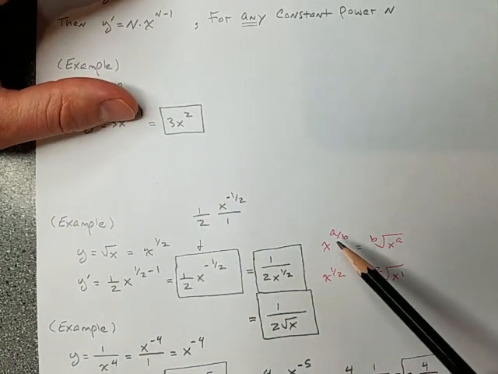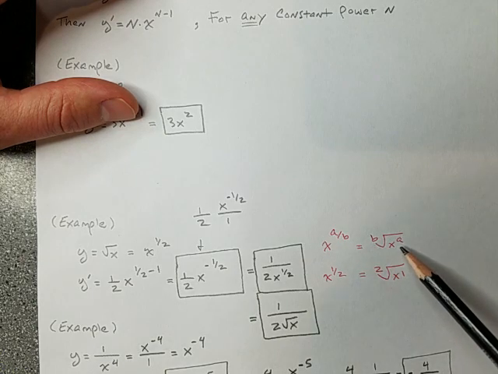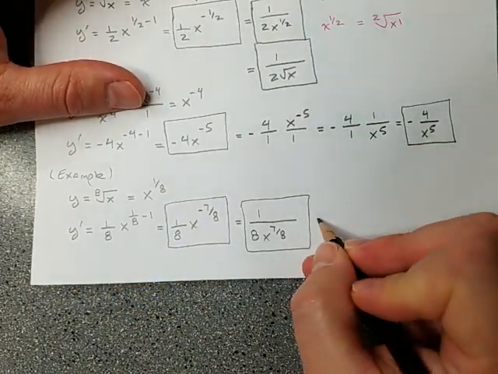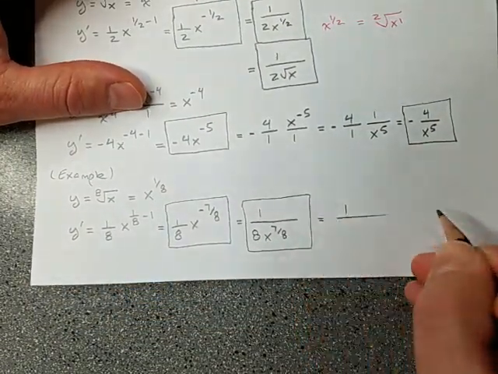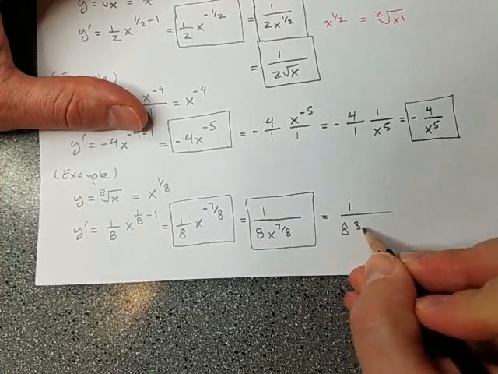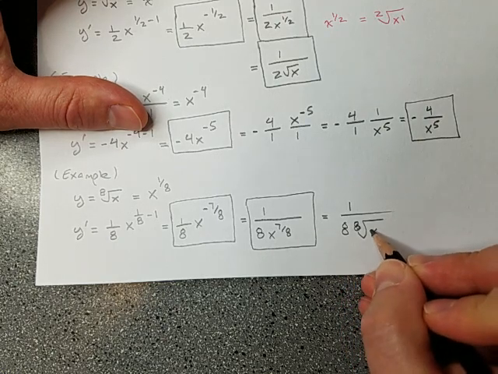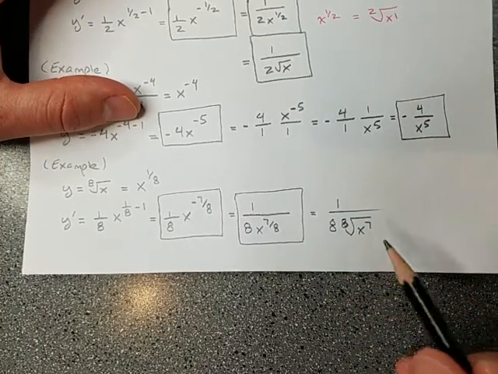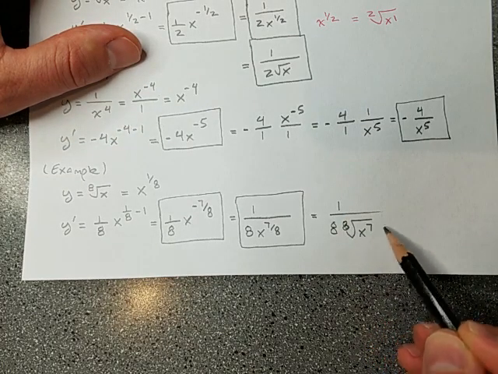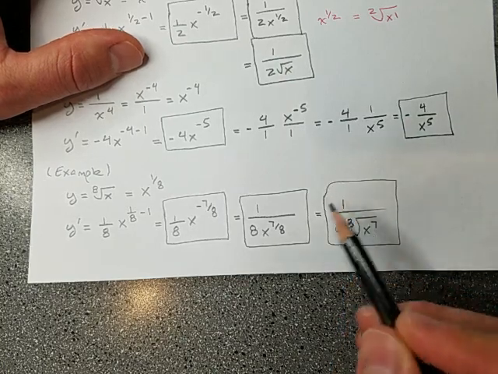What's x to the 7 over 8 power? It's the 8th root of x to the 7th power. So I could write this fractional exponent in terms of a root in addition to that. So I'll do it that way as well because it wouldn't be right if I didn't show you all of them. So that last one is 1 over 8 times the 8th root of x to the 7th power. Okay, and those are 3 forms of the same answer.